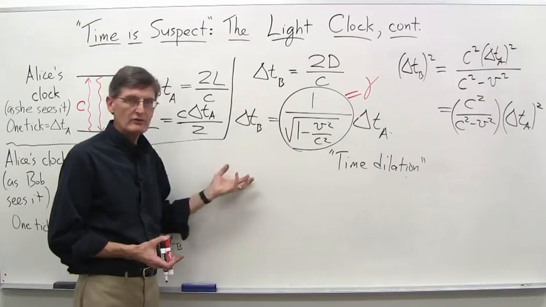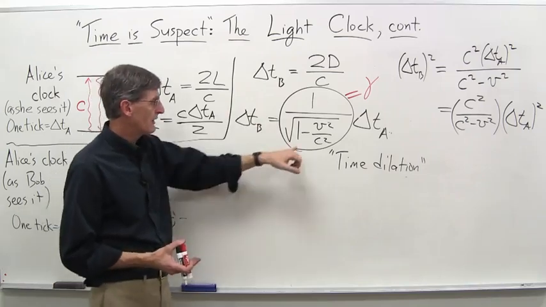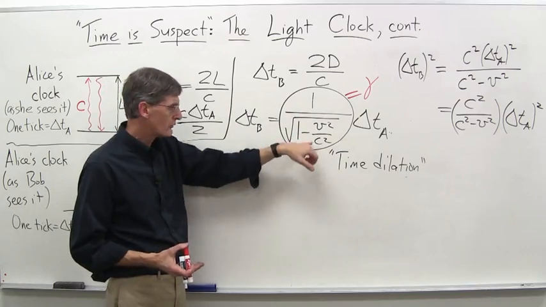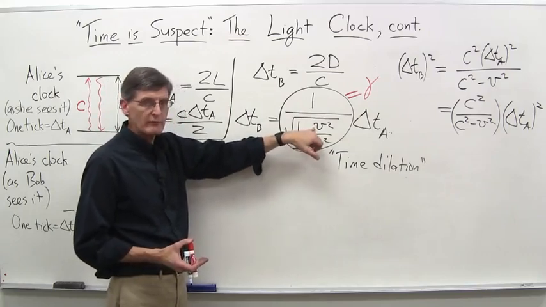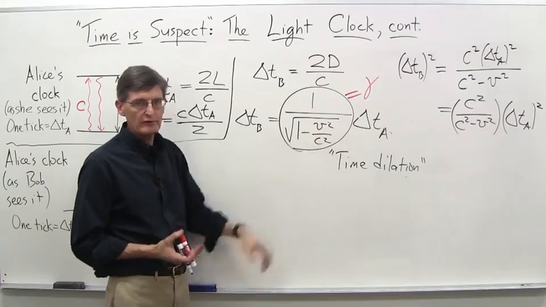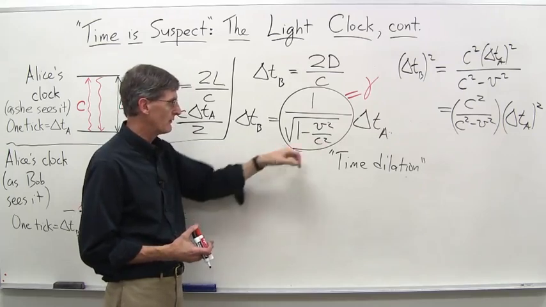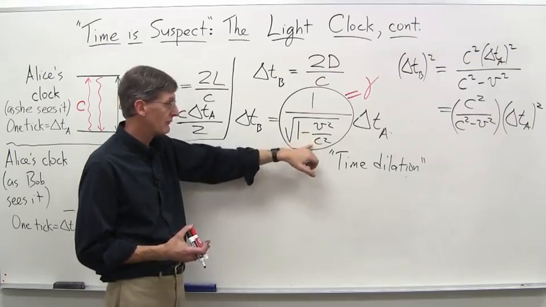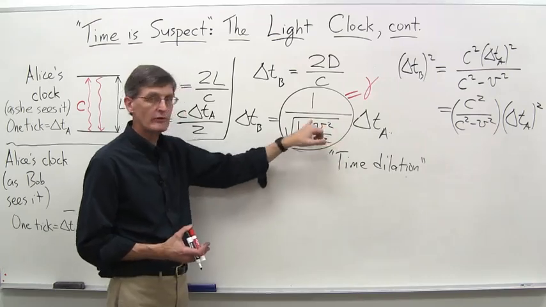This type of time dilation is not part of our everyday experience because for it to really become a factor, velocity has to be very high, up near the speed of light. Typically we don't deal with things like that, so we don't see it. If the velocity is very low compared to the speed of light, this is a very, very small number.